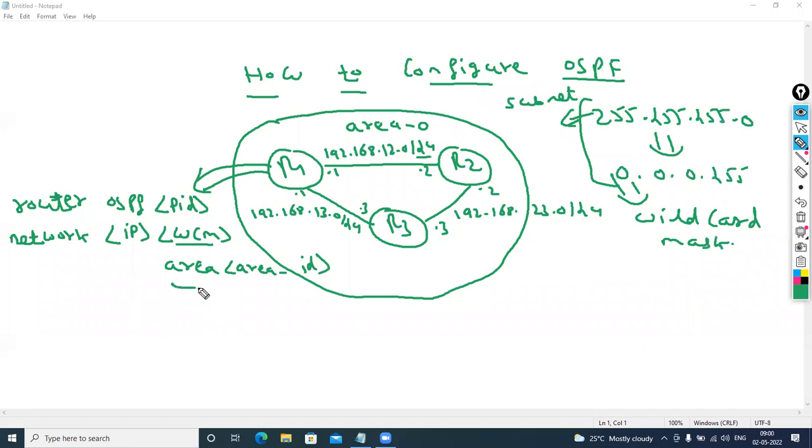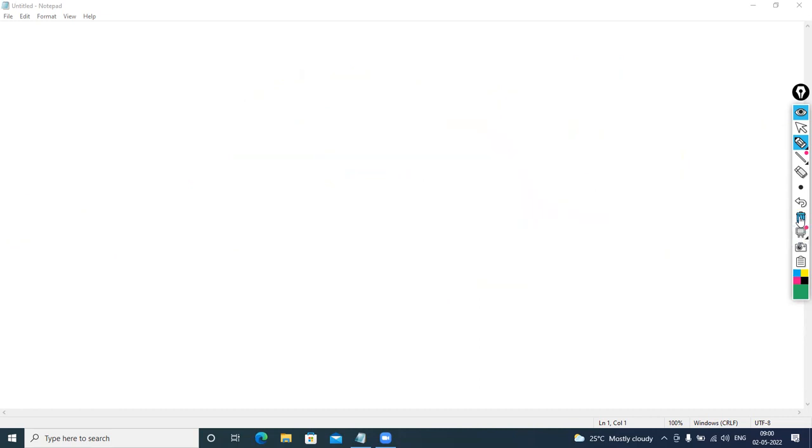Then you need to mention area and the area ID. You need to advertise all the directly connected networks. Done. So now we'll see a basic lab on OSPF, how to configure.